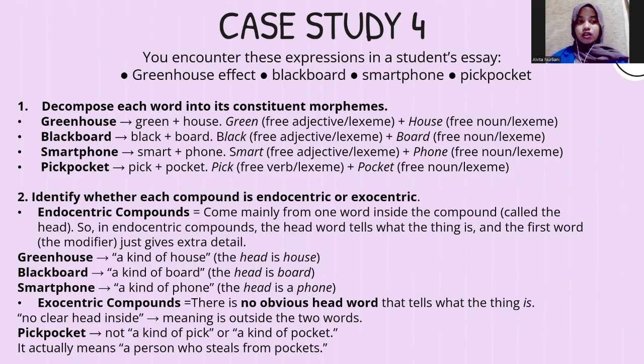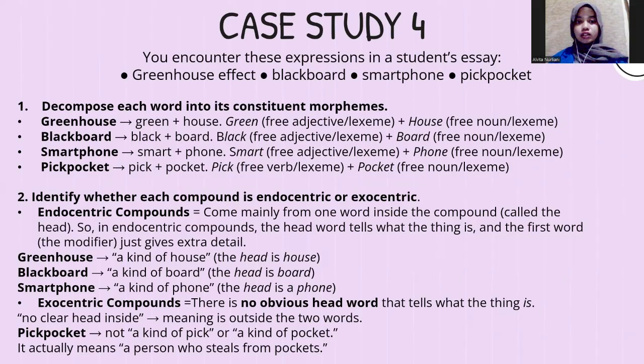In case study 4, number 1 is to decompose each word into its constituent morphemes. The words are greenhouse, blackboard, smartphone, and pickpocket. In greenhouse, green is the free adjective or lexeme added to the word house as a free noun or lexeme.